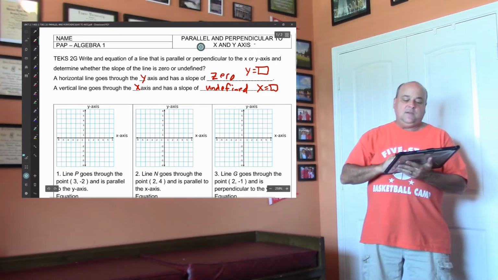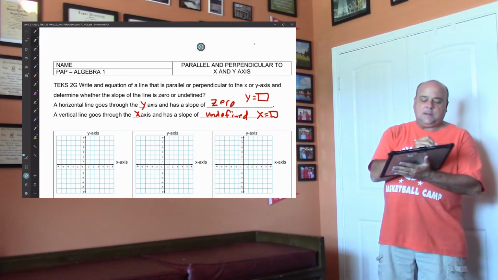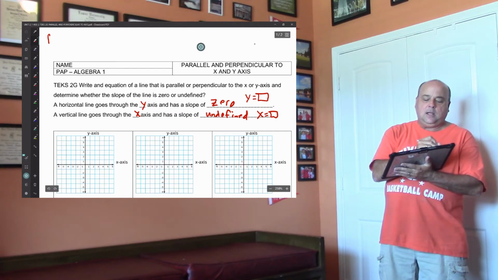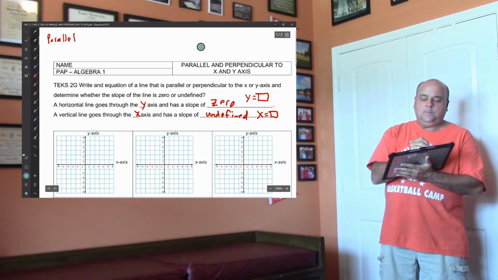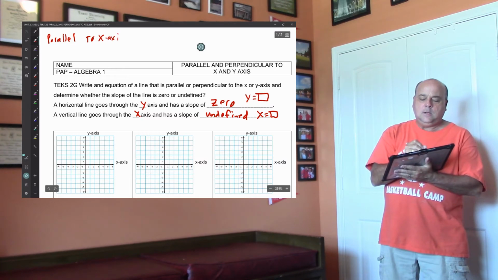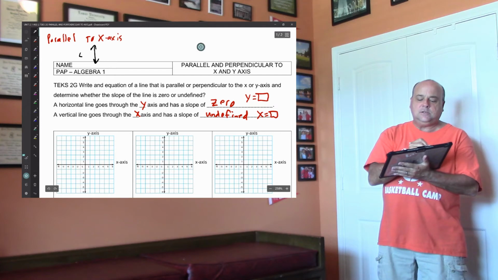Okay? Now then, the trick on this, and put this at the top of the page, if it's parallel, let me spell it right, parallel, and put to x-axis. If the line is parallel to the x-axis, draw an xy axis. And if it's parallel to the x-axis, it's going to be a flat line on it.